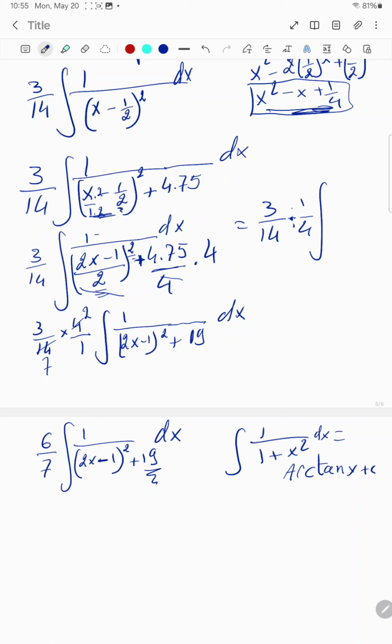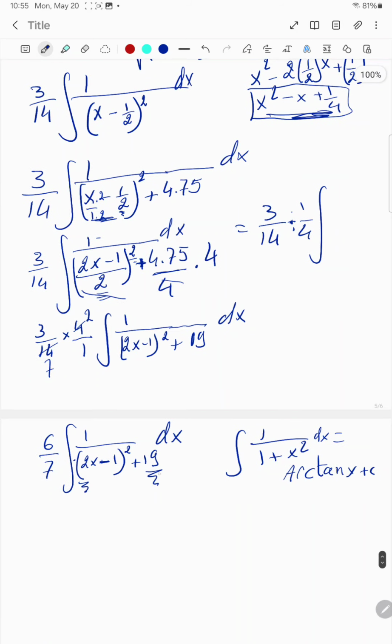So I multiply this by 19 and divide this by 19. I have to multiply and divide by 19 here, and multiply and divide by 19 here.